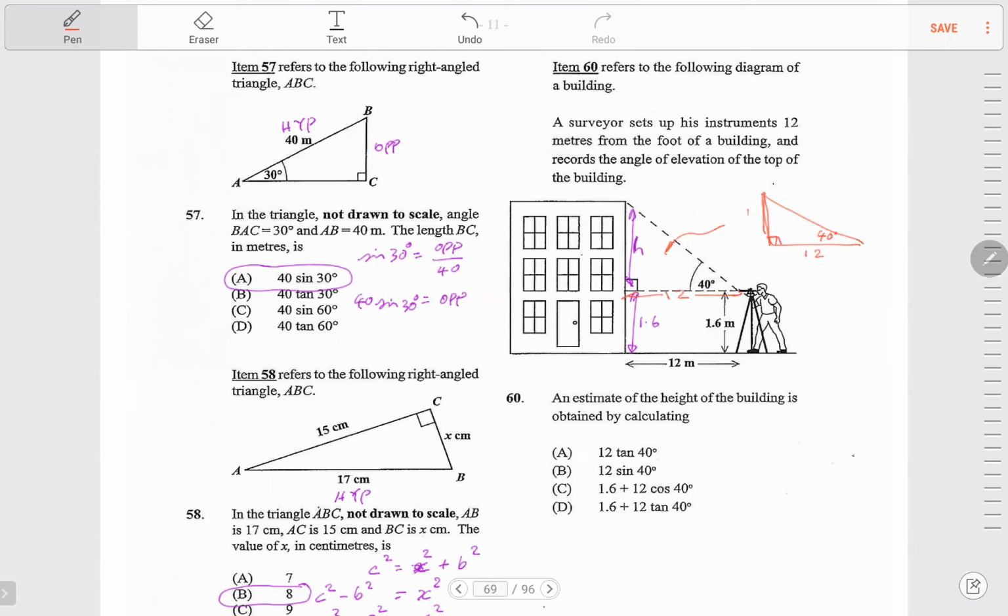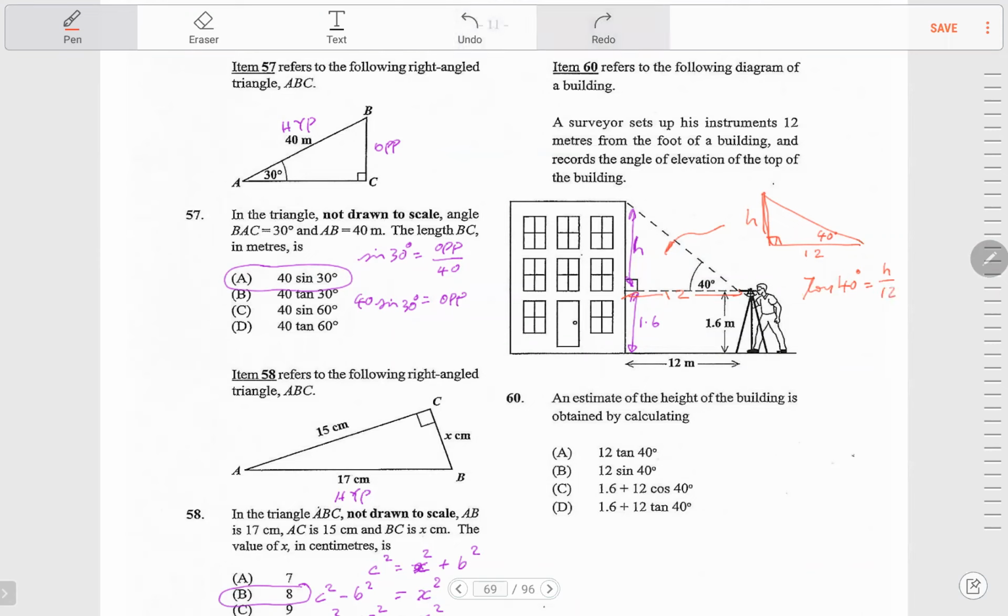They're trying to find this height h to add to the 1.6. So it's tan you have to use, because the sides involved are opposite and adjacent. So here you're going to say the tan of 40 equals the height over the 12, opposite over adjacent. So multiply by 12.